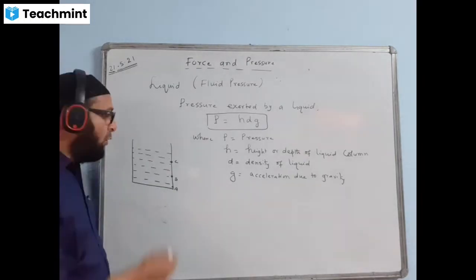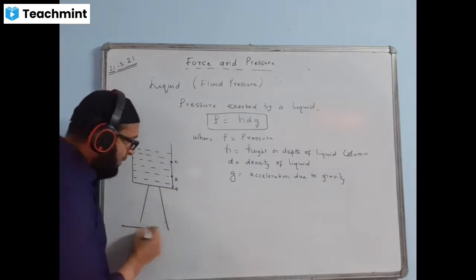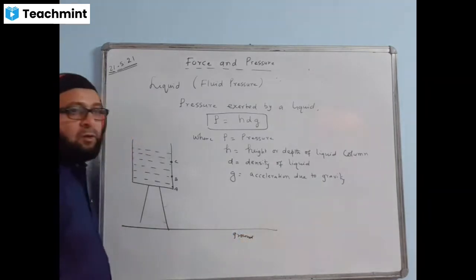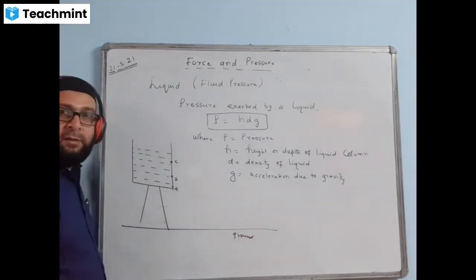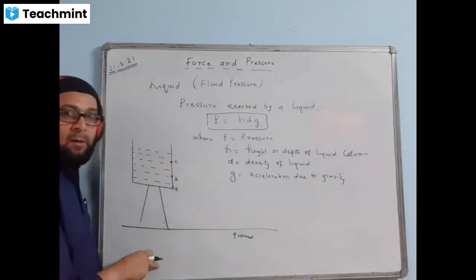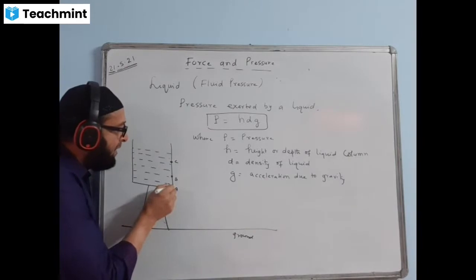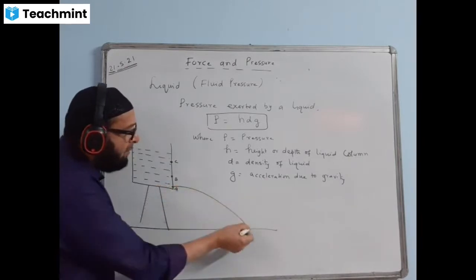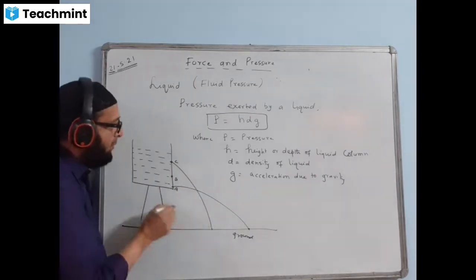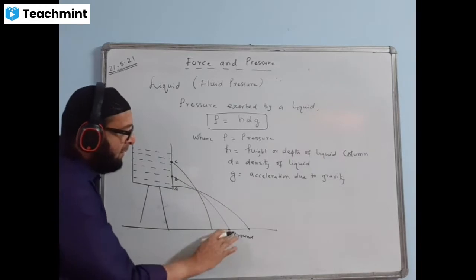Okay, if we have holes over here, and suppose there is a ground over here, through which hole will the water come out faster, through hole A, hole B or hole C? The answer is through hole A, because here the pressure is more. From C it will come a lesser distance, and from B somewhere here.